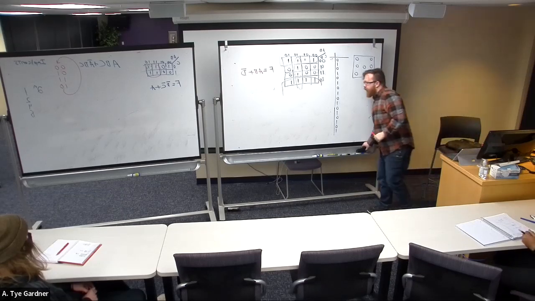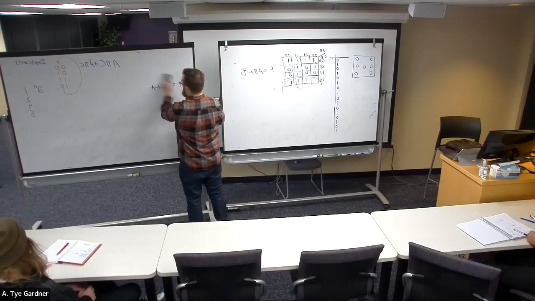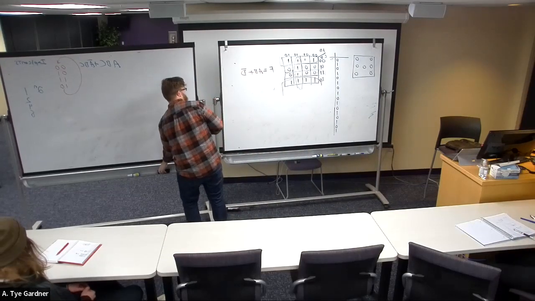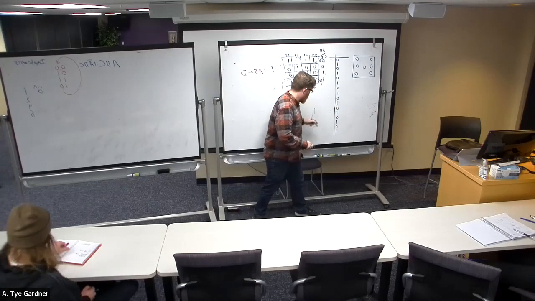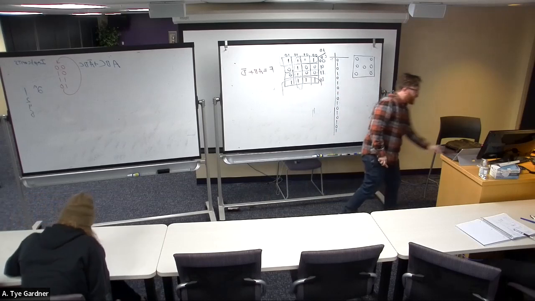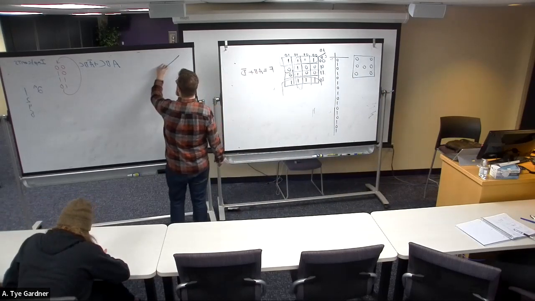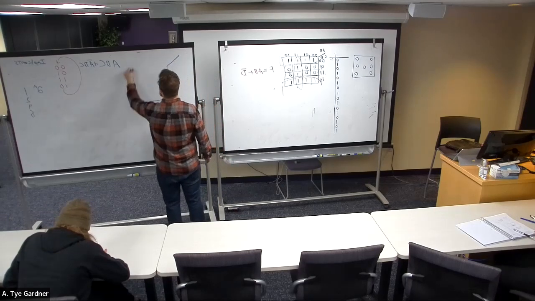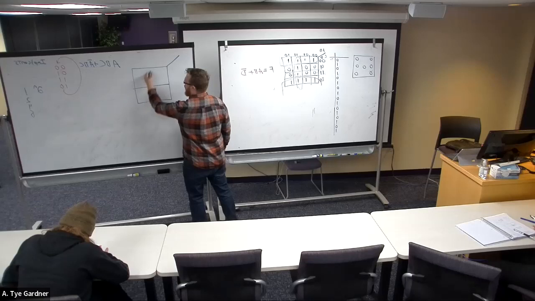Let's do another, I think one more of this just for practice. I want to write that one. And again, if you're a bad drawer as I am, I just start dividing it in half.